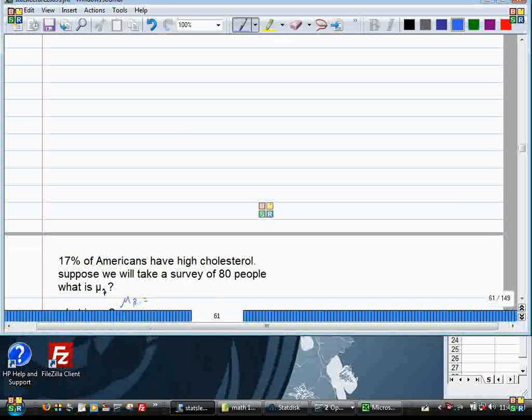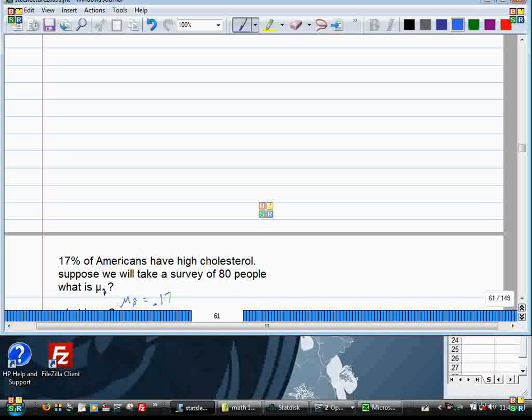So it's just 0.17. It's already given as a proportion. You don't need to find it. It doesn't say such and such people out of such and such people. It already says 17%. That's already the proportion. Does that make sense?